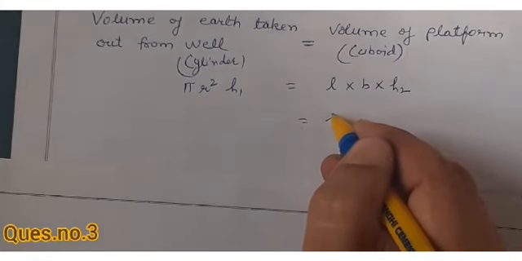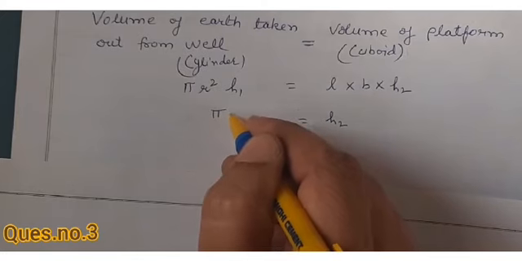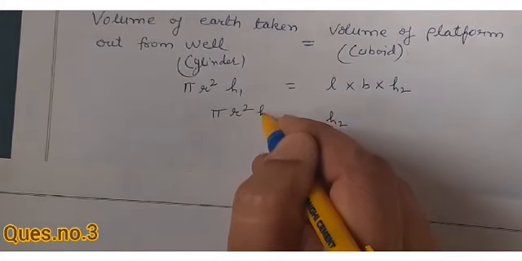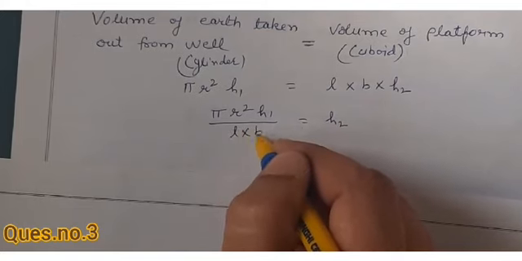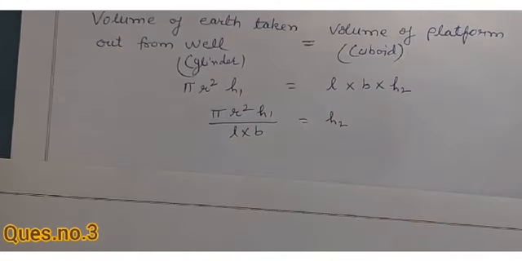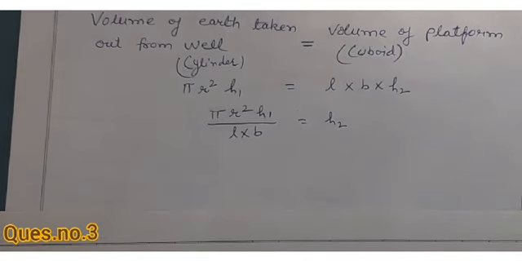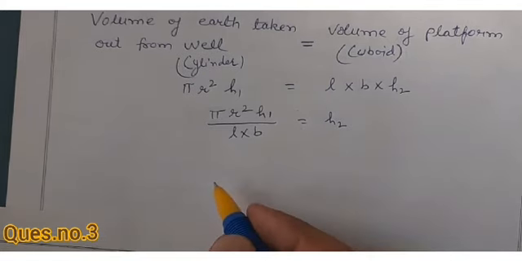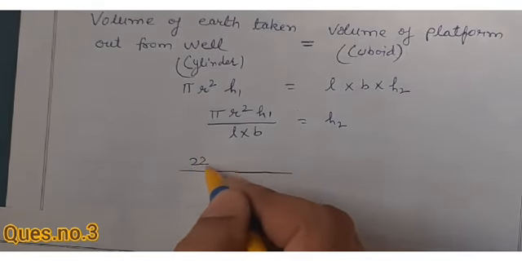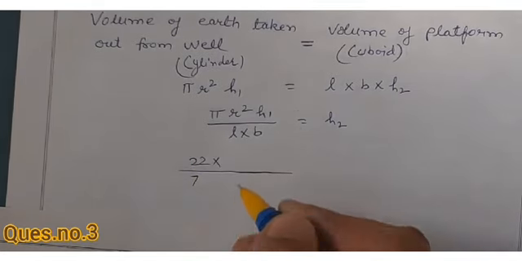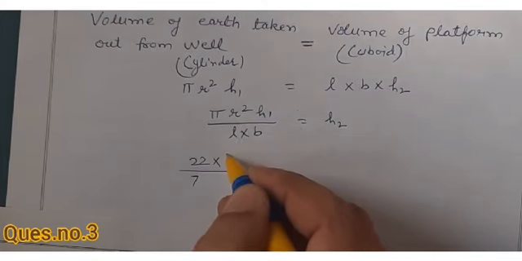Then what will be h2? Pi r square h1 upon L into B, and you have to put the value of pi, which is 22 upon 7. See here, pi is 22 upon 7, r is 7 by 2, no?